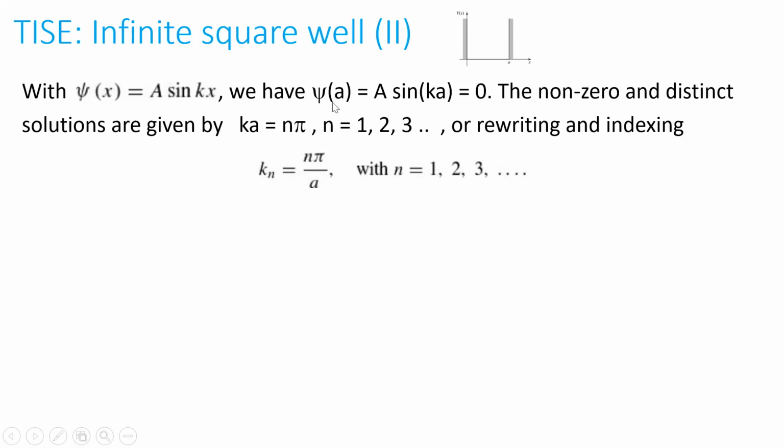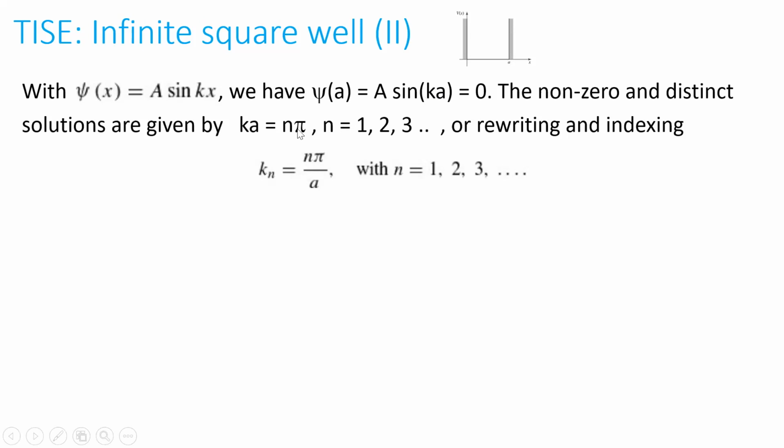And the distinct ways that can happen are if ka is equal to n pi. So if ka is equal to pi, sine of pi is 0.